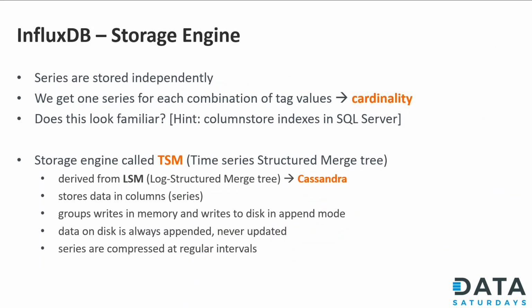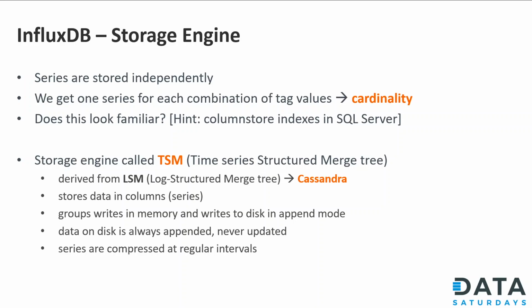As we said, the series are stored independently, and one of the things that decides the success of how we will store the data inside InfluxDB is the cardinality, so the number of distinct values that we will get for the tags.